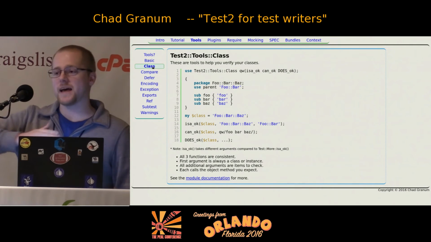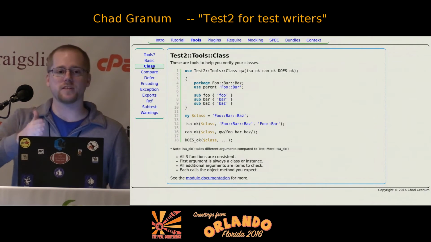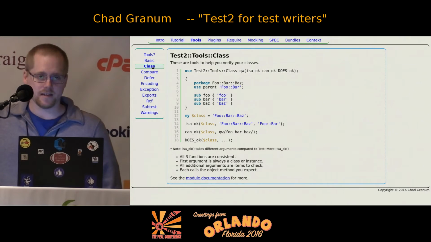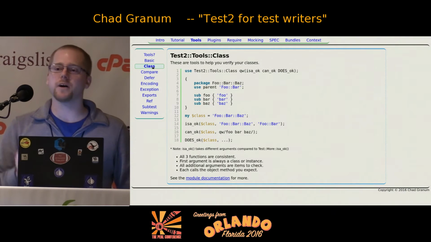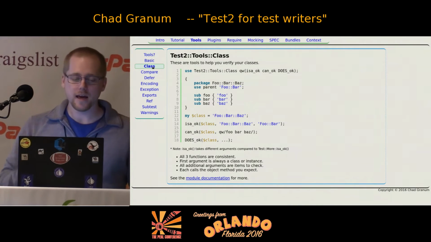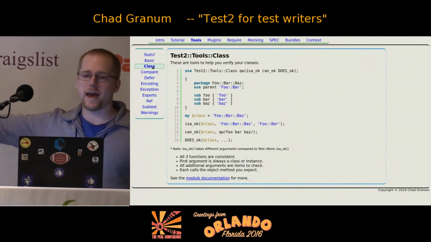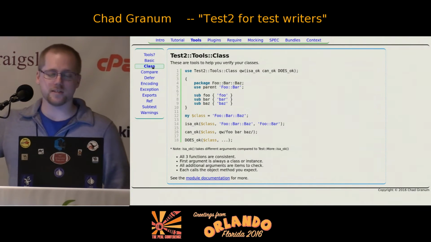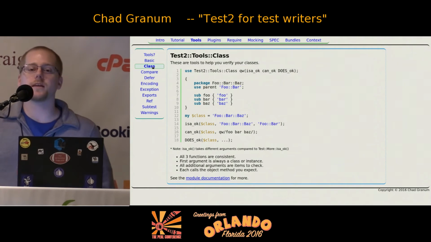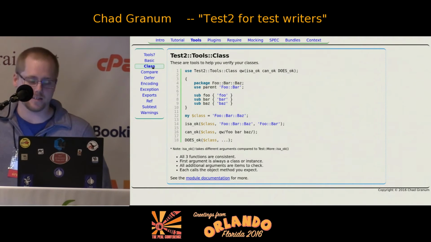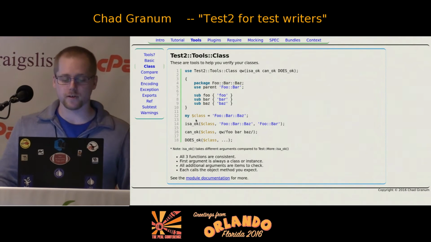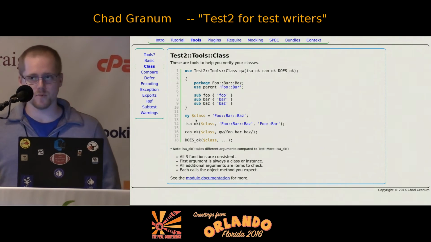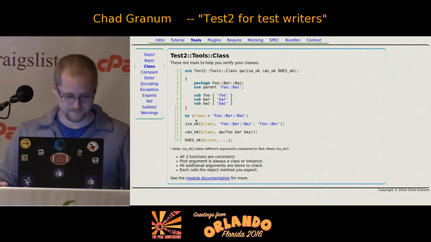A lot of people just pass in 10 different classes to say, hey, make sure this is all 10 of these, not knowing that only the first one actually counts. That is a major bug. I found a lot of people were doing this, and so I made it so that isa_ok has the same exact calling conventions as can_ok, so that people don't get them mixed up anymore. You give it a list of things. Then I also added does_ok, which calls the universal method does, which is different than Moose's does, so be clear on that.